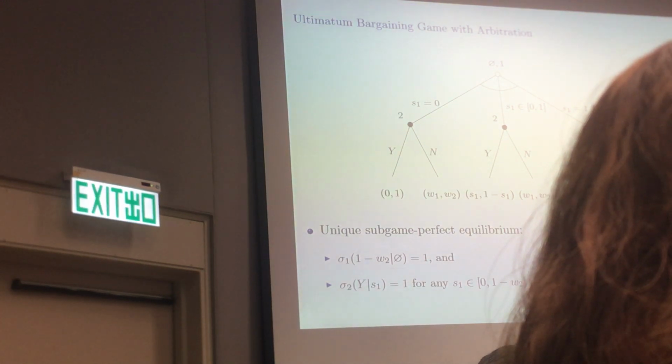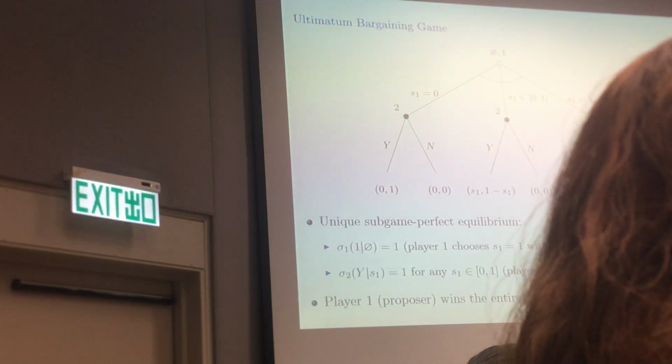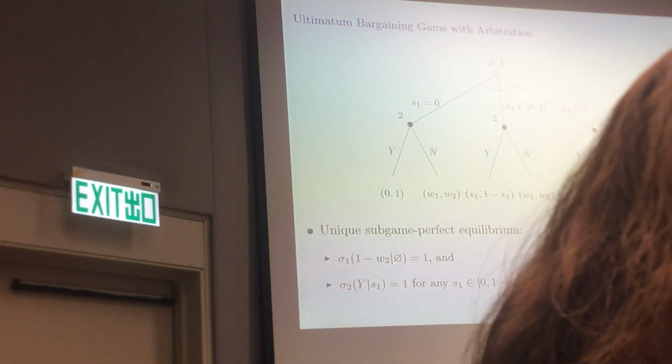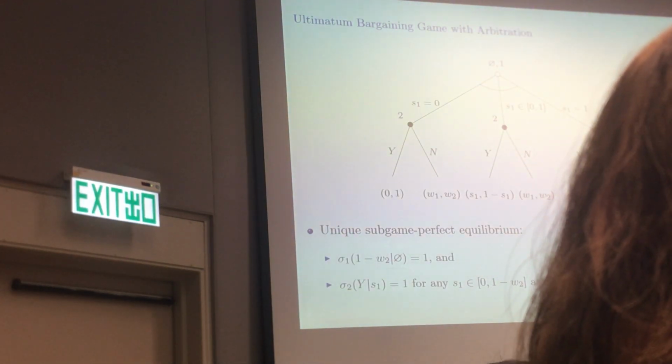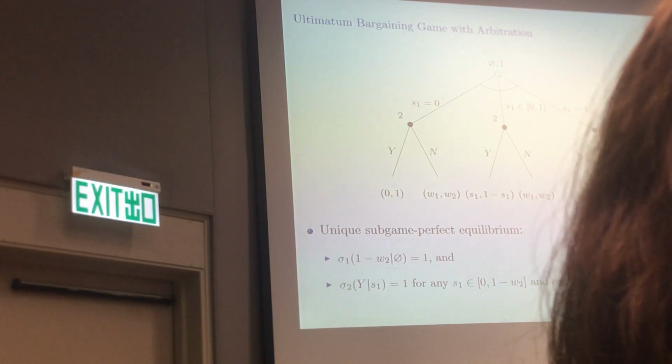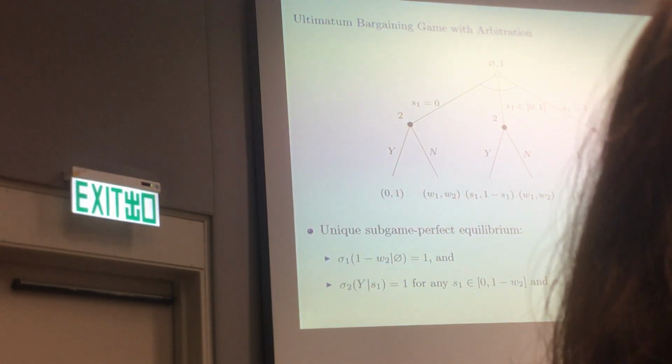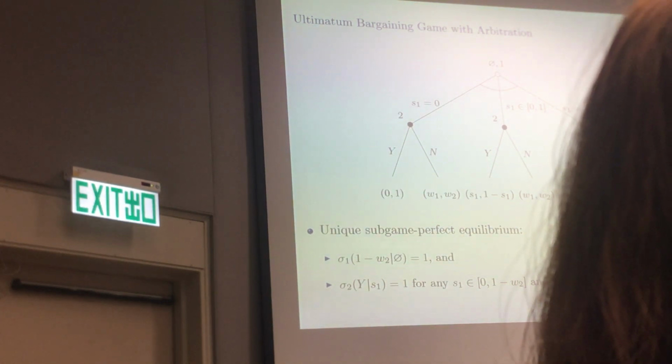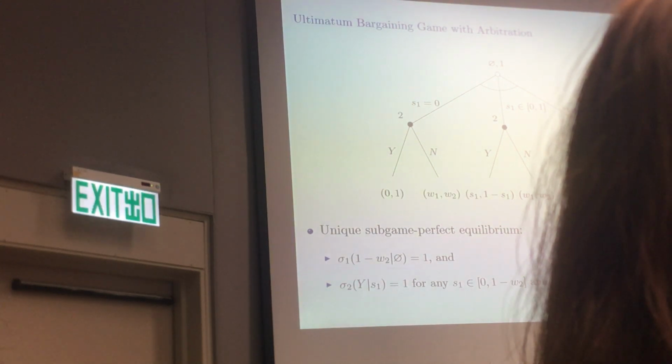Okay. So we have analyzed two bargaining games, the ultimatum bargaining game and the ultimatum game with arbitration. In both cases, basically player 1 allows player 2 to enjoy a payoff equal to the outside option, and player 1 enjoys the remainder.